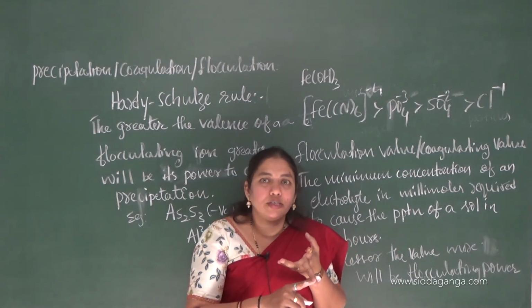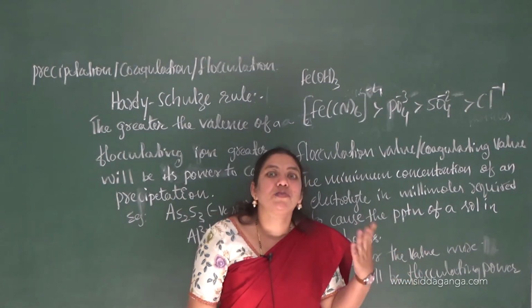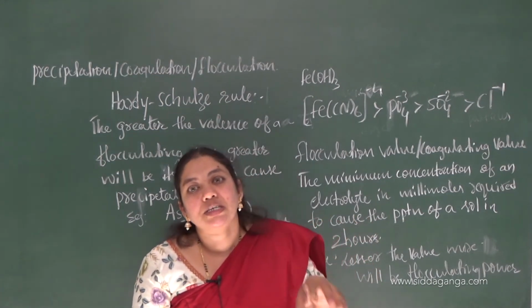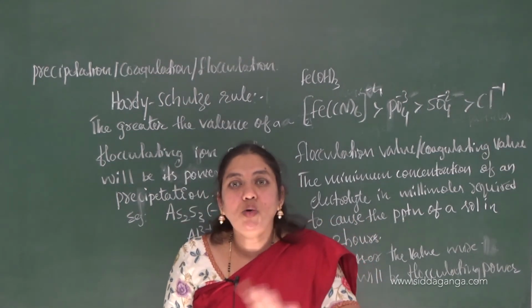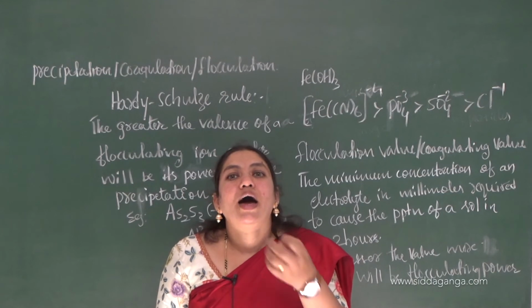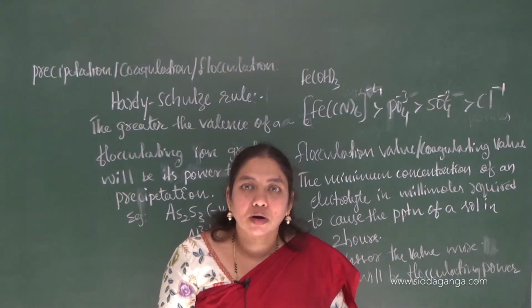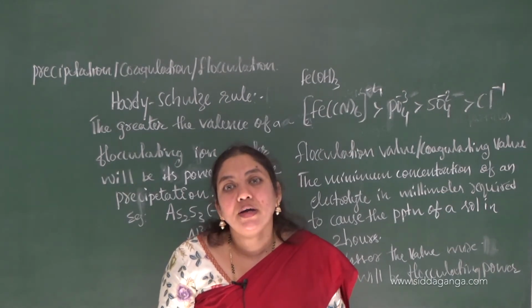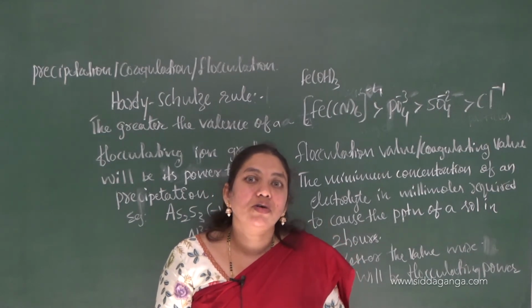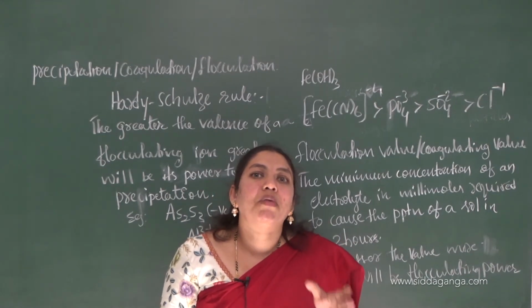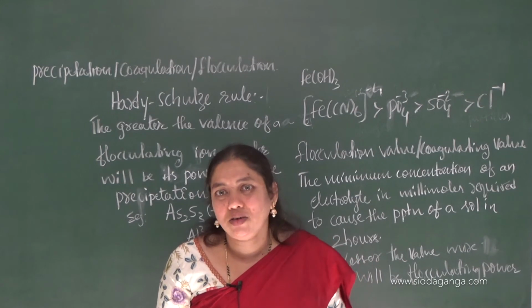If they have given some values for the coagulation number of this ion and that ion, and ask which has the highest flocculating power, then you have to look at the values. The value which is smaller in magnitude will have the highest coagulating power.